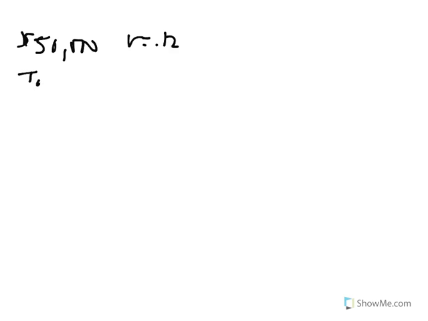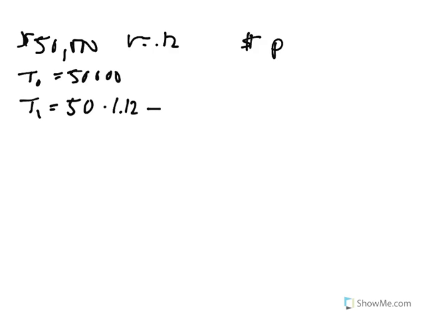So the amount of money I owe initially is $50,000, and after the first year, I want to know, I pay off p dollars each year. So after the first year, the amount of money I owe has actually first gone up to 50,000 times 1.12, but then I make a payment, so that cuts off some of the amount I owe.